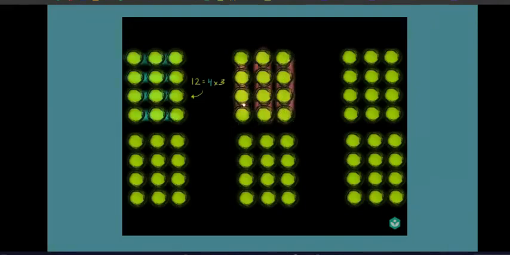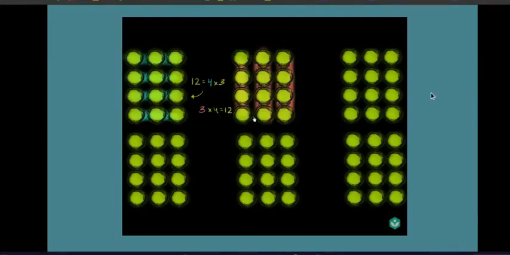So now we could view 12 as being 3 groups of 4, or we could say that 3 times 4 is equal to 12. So whether we're doing 4 times 3 or 3 times 4, they're both going to be equal to 12. 4 groups of 3 is 12, 3 groups of 4.